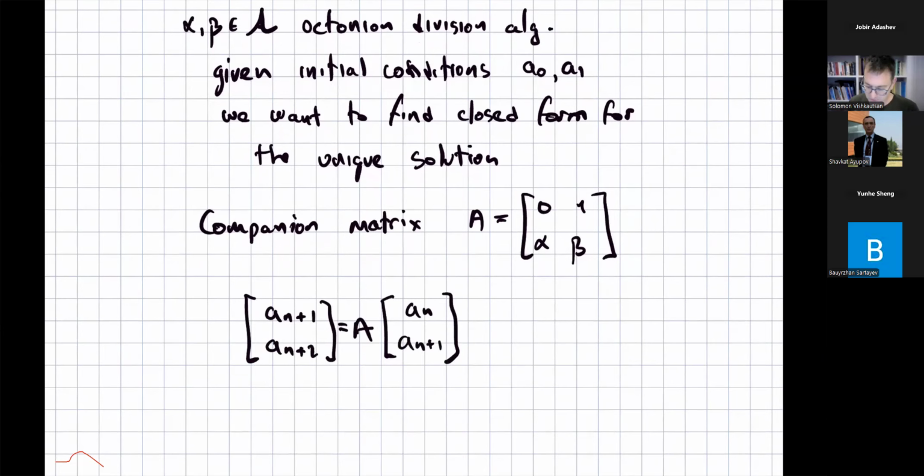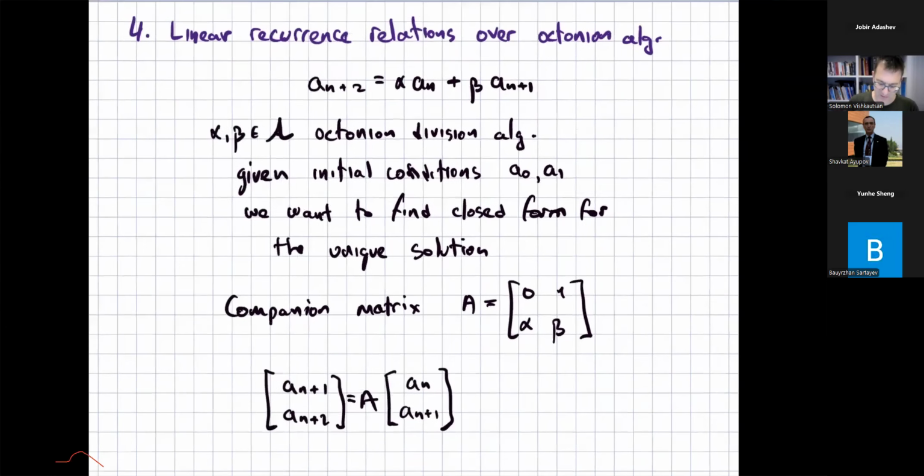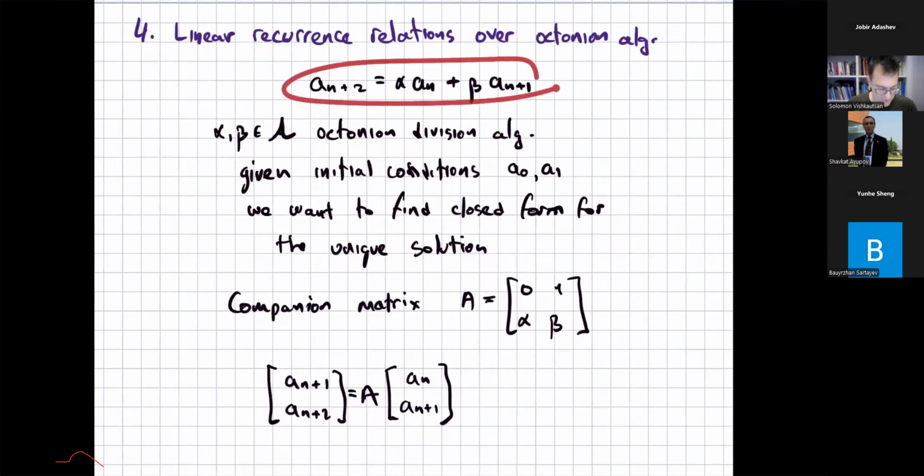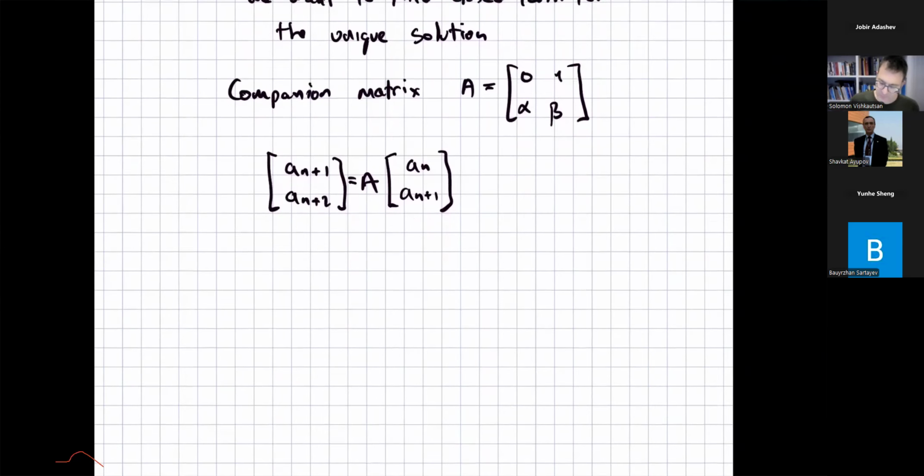This is basically the same linear recurrence, but just phrased as matrices. And if we repeat this, we can compute our linear recurrence using matrices, but it doesn't come out as nice as in the classical sense because of non-associativity.